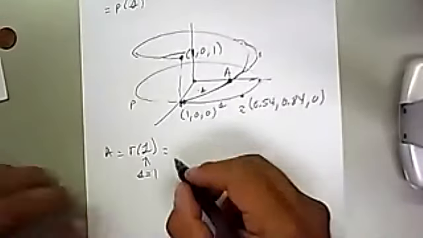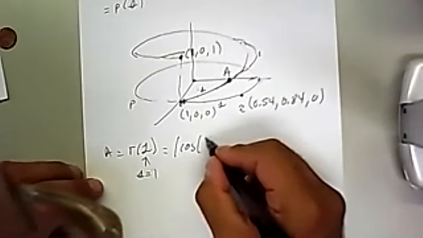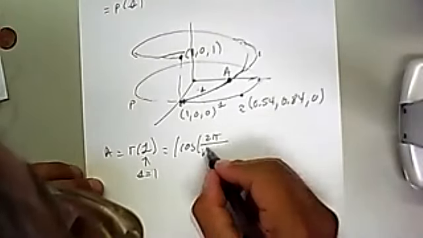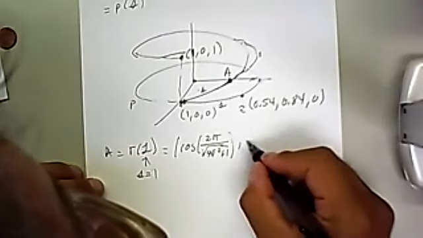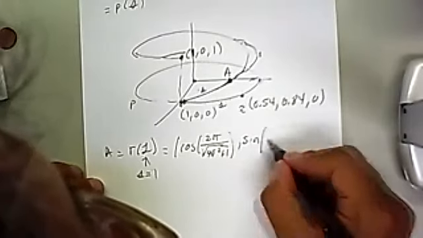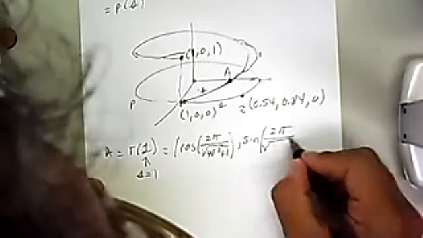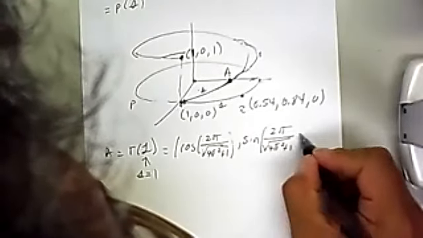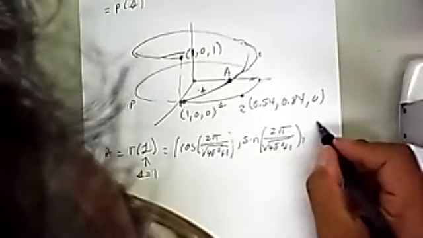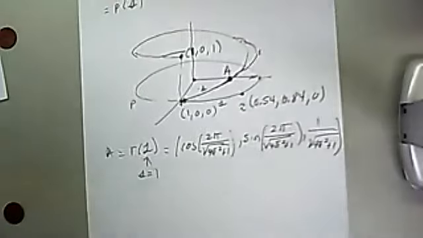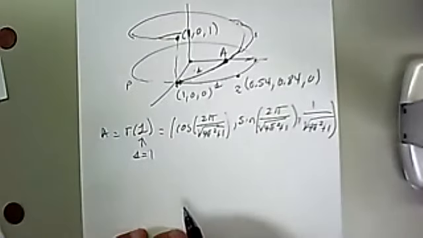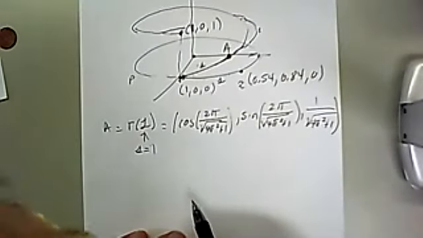So this is going to be cosine of 2 pi over square root of 4 pi squared plus 1, sine of 2 pi over square root of 4 pi squared plus 1, comma, 1 over square root of 4 pi squared plus 1. I should start using my sheets horizontally because these formulas get long.